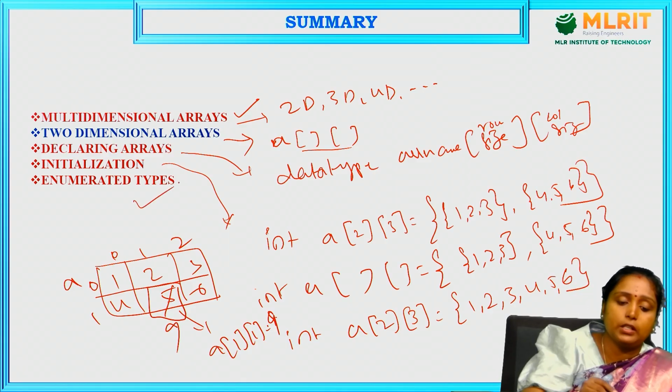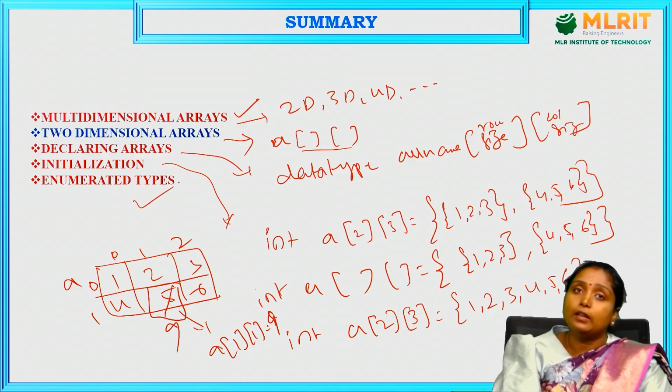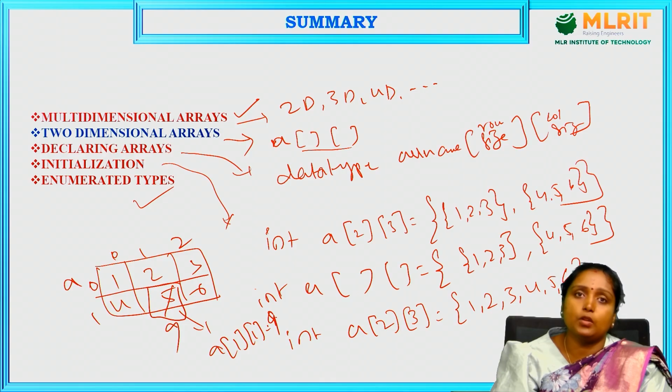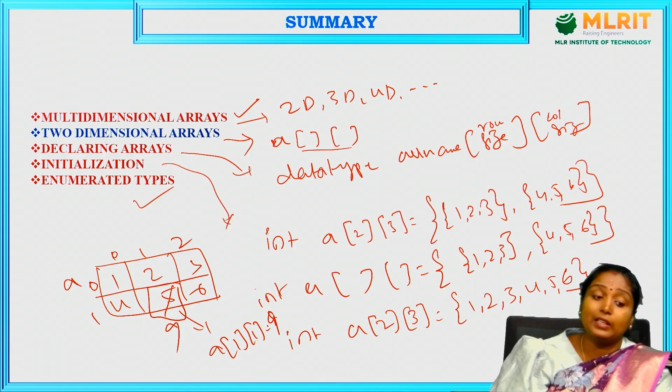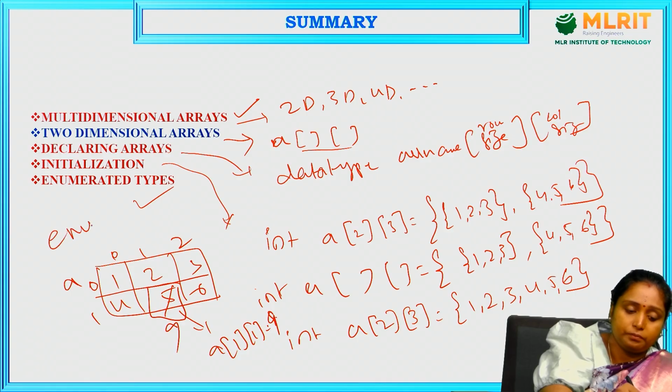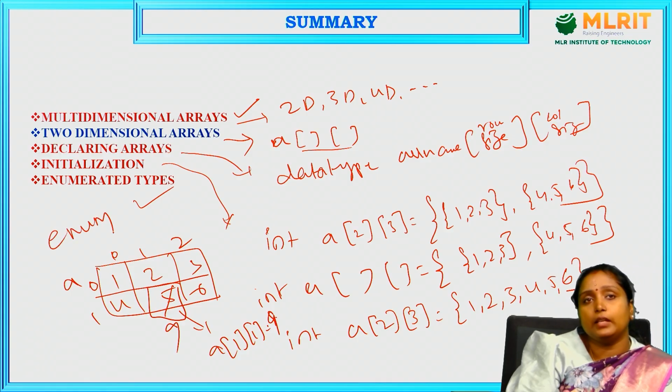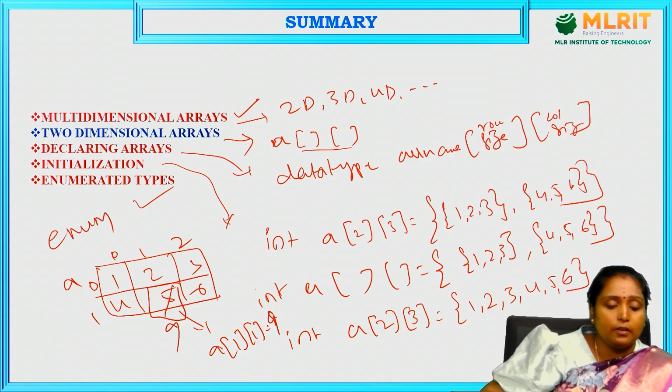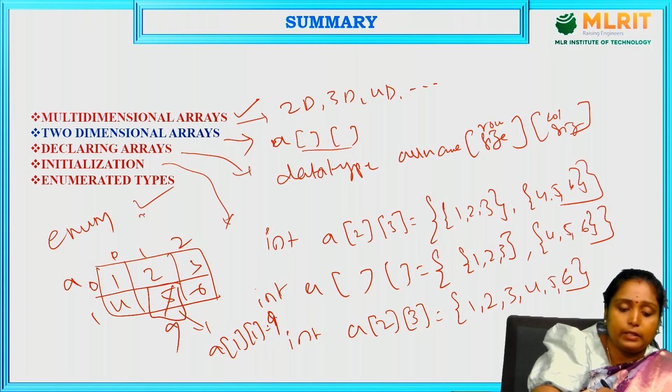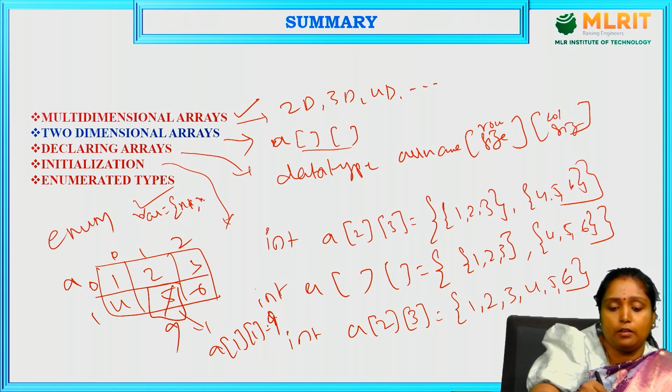Coming to the enumerated types, in order to save the integral constants, we use the enumerated data type. We use the enum keyword to create the enumeration. We give a variable name, equals some integral constants n1, n2, n3.